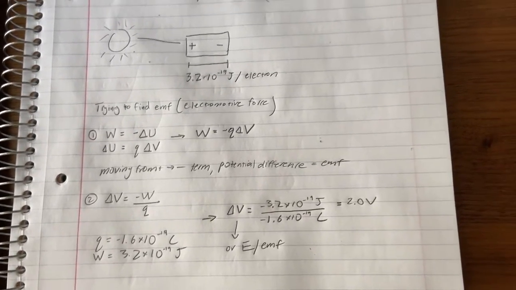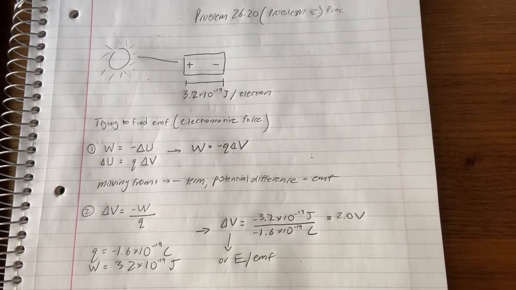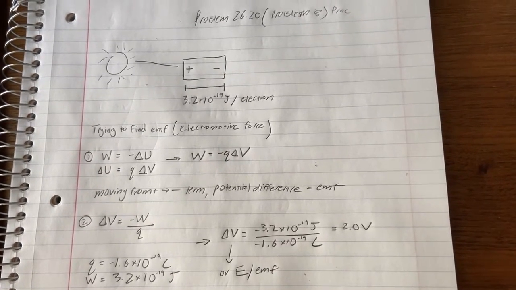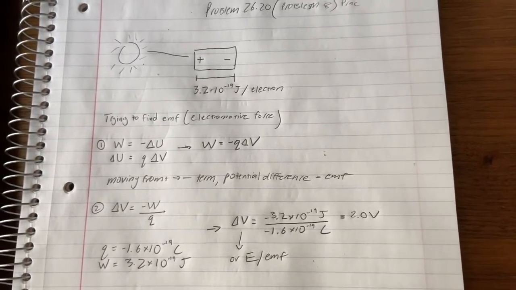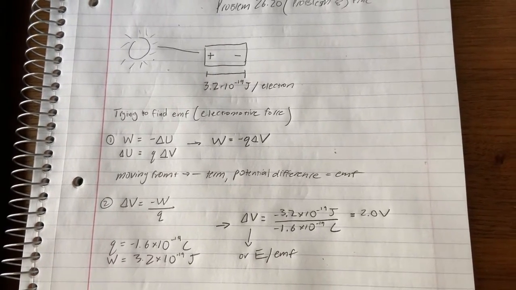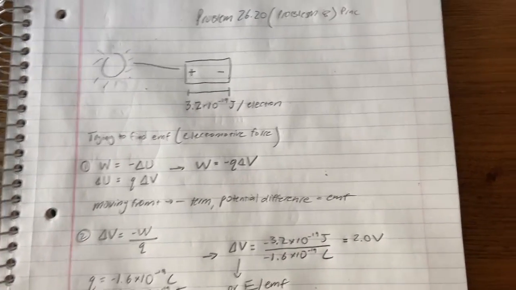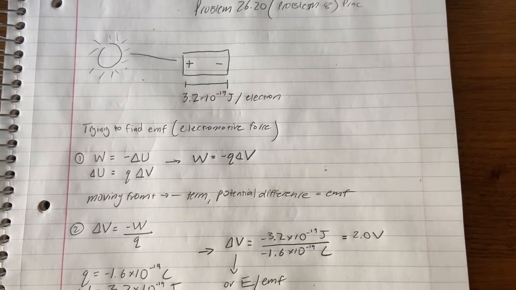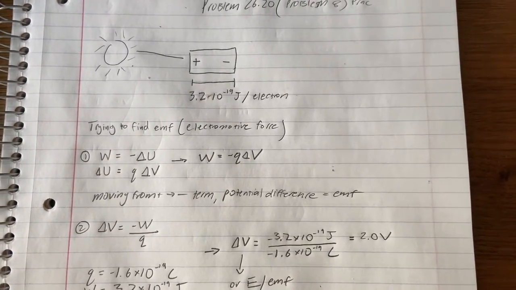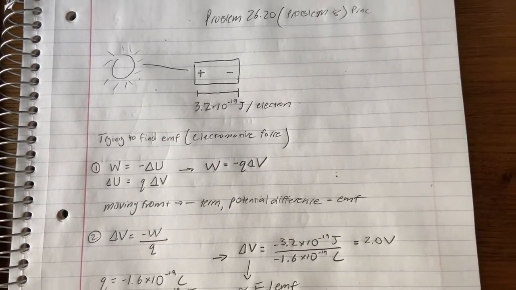Some of the tricky parts, I guess, were just finding the equations to use and understanding that this change in potential is equal to this electromotive force. And I guess what the equations tell us is that the work done per electron is equal to the negative of the product of the charge on the electron and the electromotive force of the solar cell.